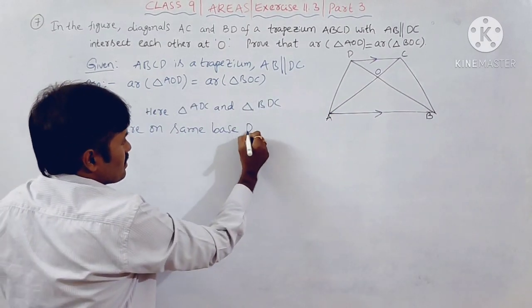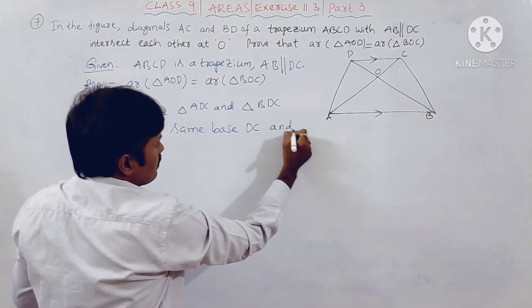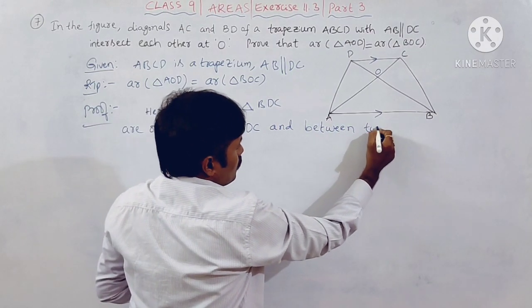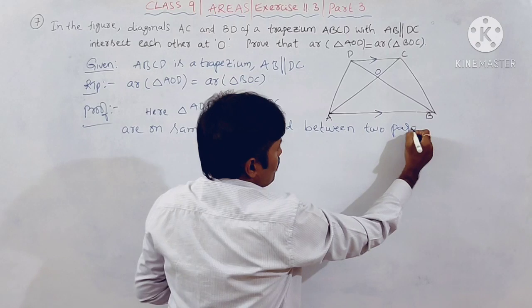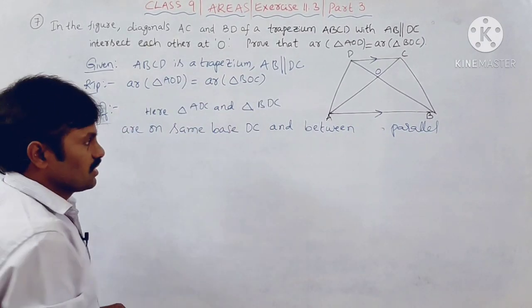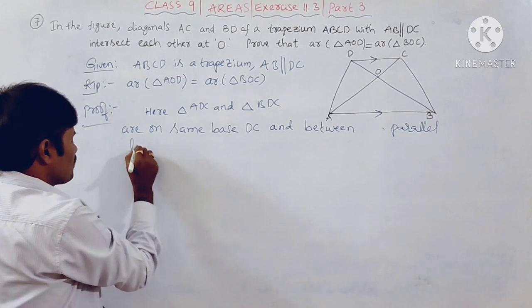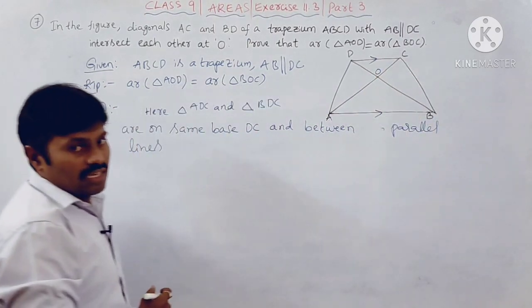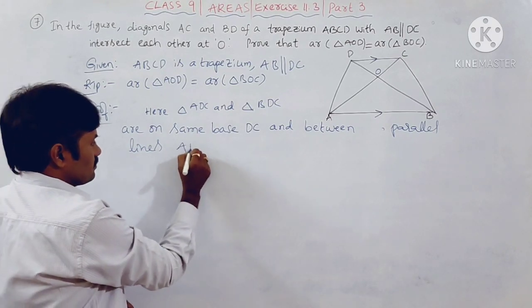On the same base and between parallel lines. If you do not mention "two" also, no problem. And between parallel lines, what are those parallel lines? Those are AB and DC.